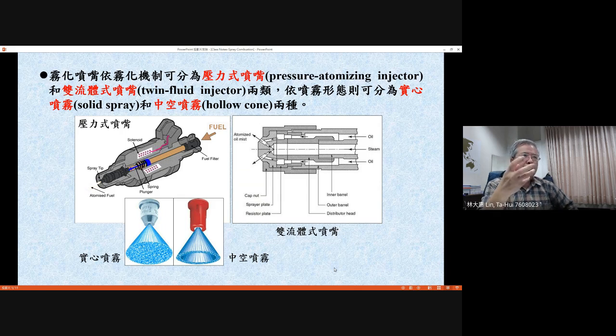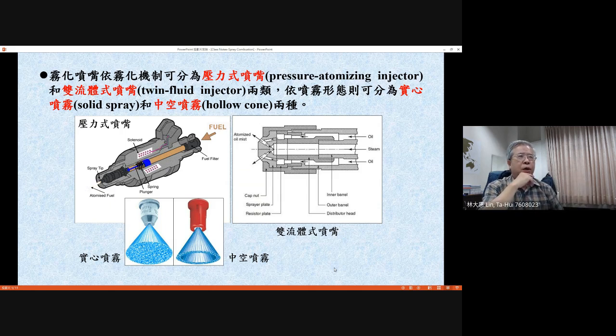And the outcome of spray basically can be divided into two forms. One is the so-called solid spray, the other one is the hollow cone. Solid spray means the spray cone contains droplets all through the cone. That means the interior of the spray is basically composed of many liquid droplets.